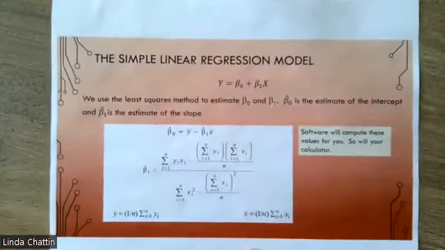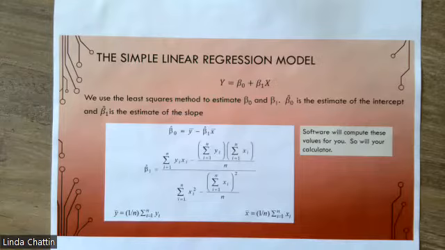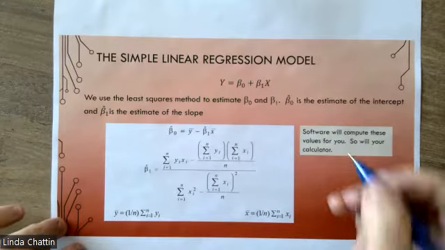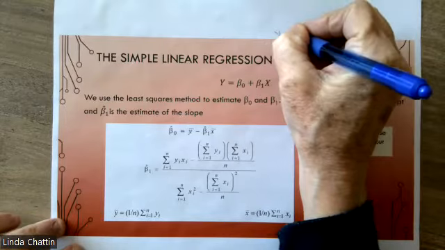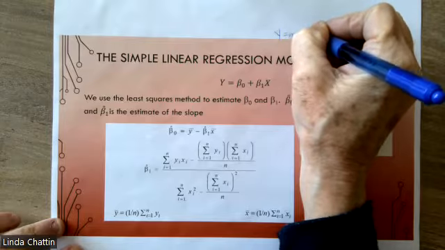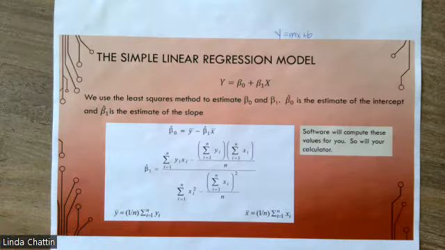So you have all been exposed to a simple linear regression model. You probably saw it in the past as y equals mx plus b, where that lowercase b is the intercept and m is the slope.